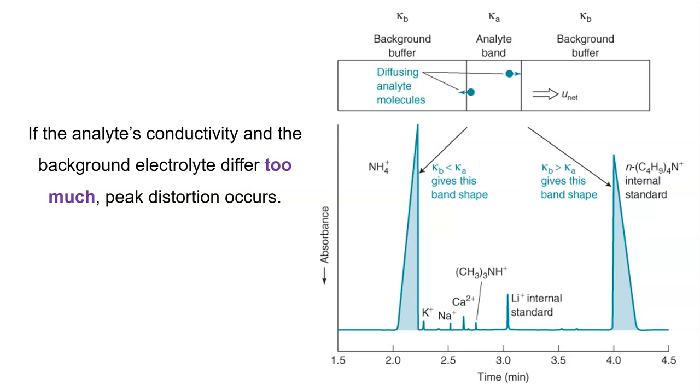It looks like fronting and tailing. Now, the difference here is the cause of the fronting and the tailing. If you've got these types of shapes in CE, you know exactly what happened. You just went a little bit too far with the differences between the sample solution and your background buffer.